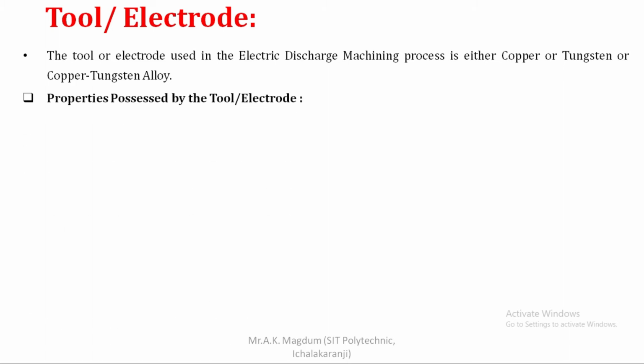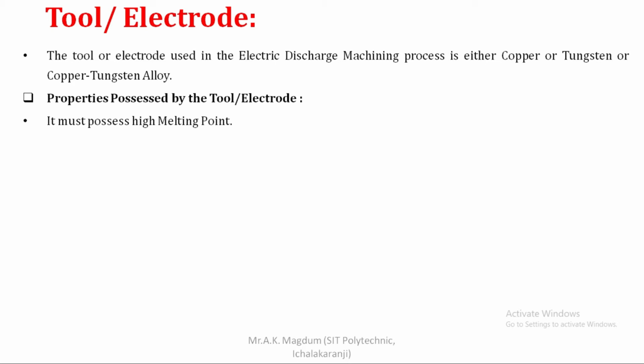Next, the properties possessed by the tool or electrode. What properties are required in the tool and electrode? That is a very important thing. The first property is that it must possess a high melting point.